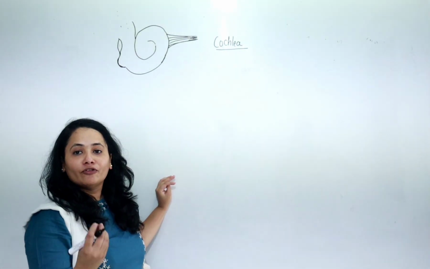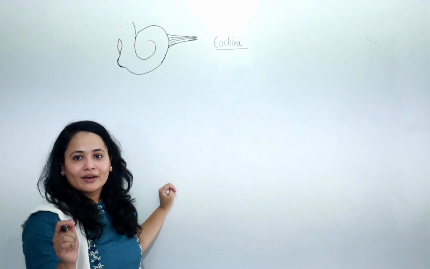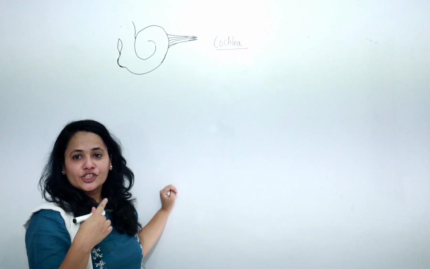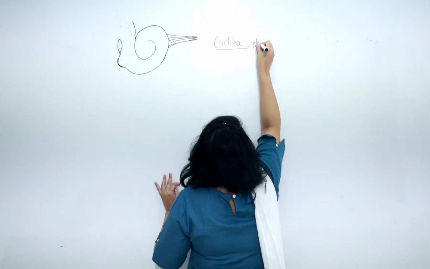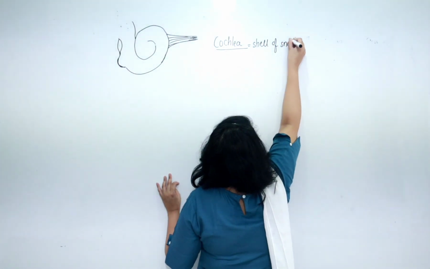First of all, where does the word cochlea come from? Cochlea comes from a Greek word that means shell of a snail. So here it appears like the shell of a snail.